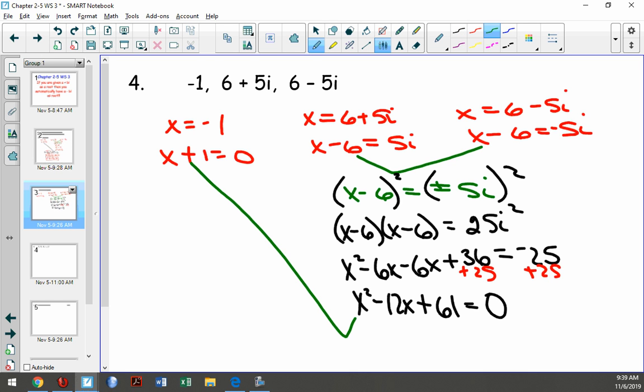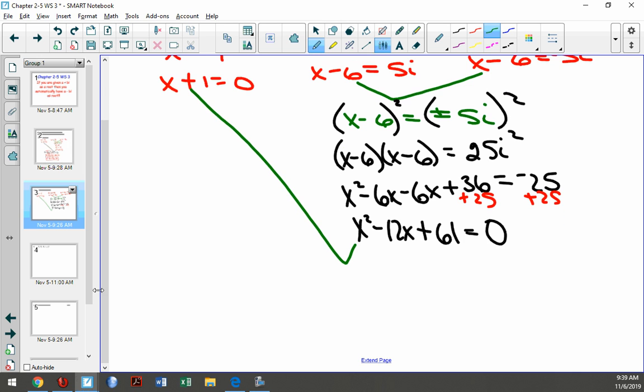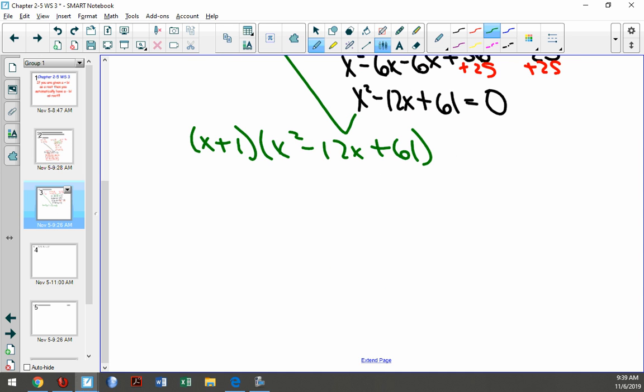I'm going to multiply these two together to give me an x plus 1 times an x squared minus 12x plus 61. Make sense? So that is x cubed minus 12x squared plus 61x plus x squared minus 12x plus 61.